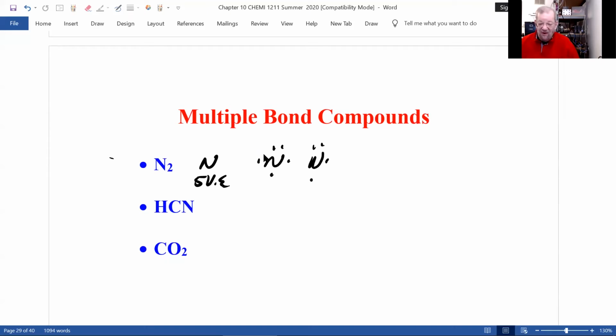Let's do a second one, the Lewis structure. And this nitrogen says to that one, hey, I've got 3 unpaired electrons. You've got 3 unpaired electrons. Let's share. And they do. The non-bonding electrons are still there.